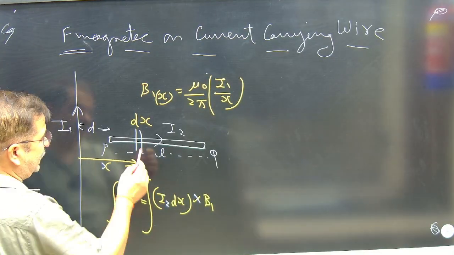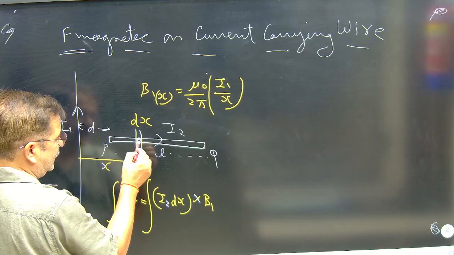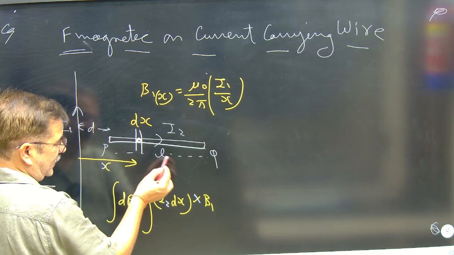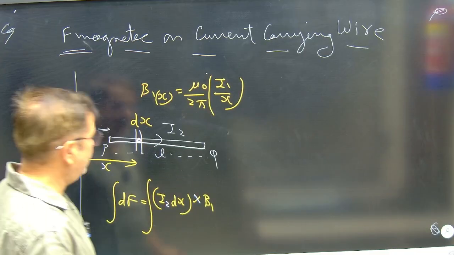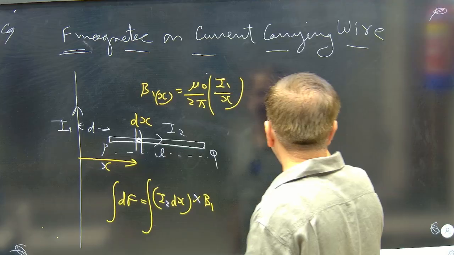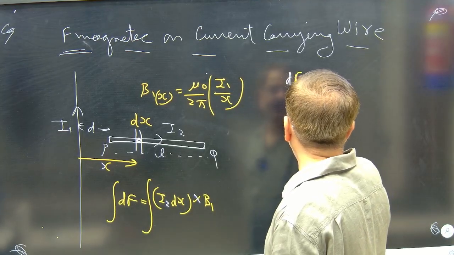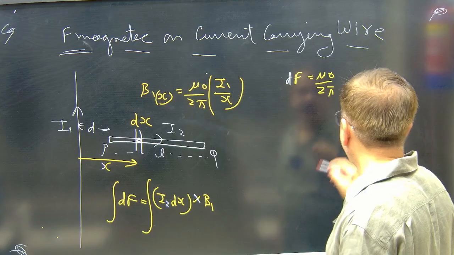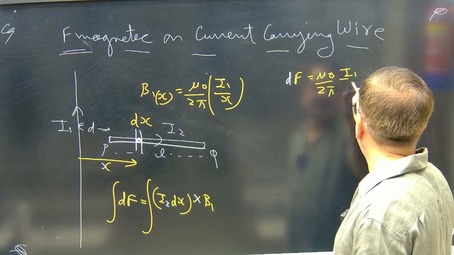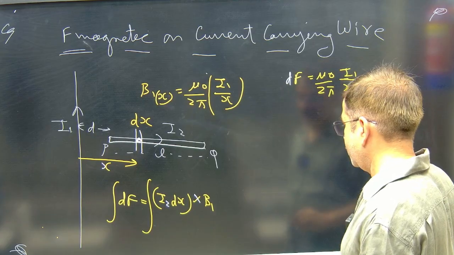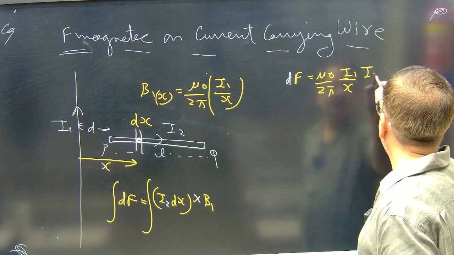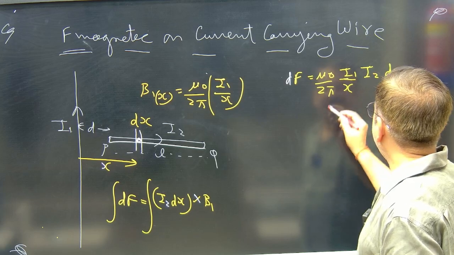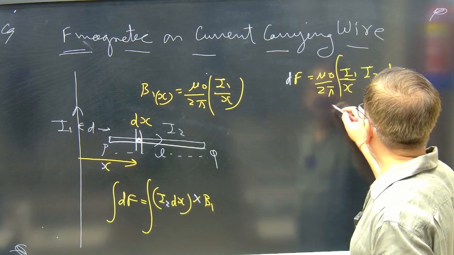Just see, I2 is the current in this arrangement, dx is the length here, and the field is B1. Now if I write this, dF will be mu naught over 2 pi times I1 upon x times I2 times dx, and this integration we can do.